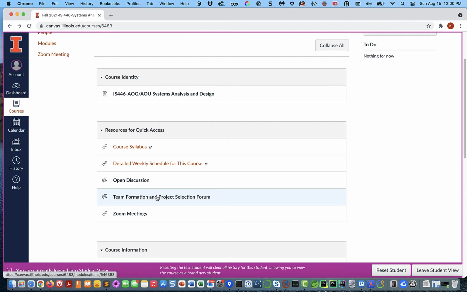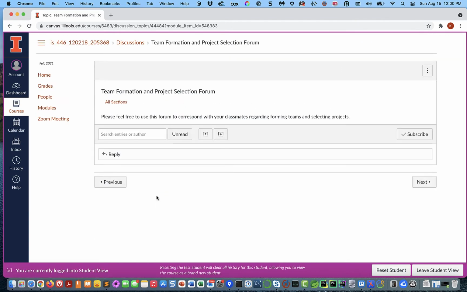We have a team formation and project selection forum. Okay. We're going to be forming up into teams. You're going to form into teams, and we're going to do a systems analysis oriented project for a real client that you're going to find. We're really going to talk about a lot of that on the first evening that we meet in class.